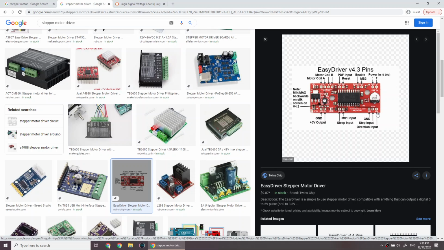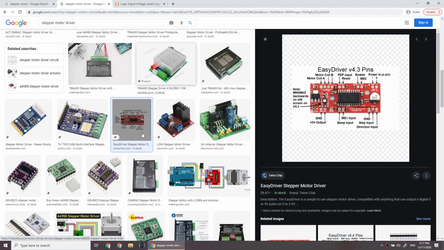Both of those inputs are digital inputs. If you set the direction input to 0, low, and you keep alternating the step input between 0 and 1, the motor will keep making steps. Every time you change the step input from 0 to 1, the motor rotates one step, and usually a step is about 2 degrees.